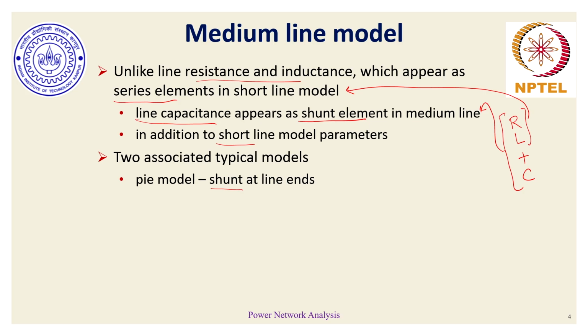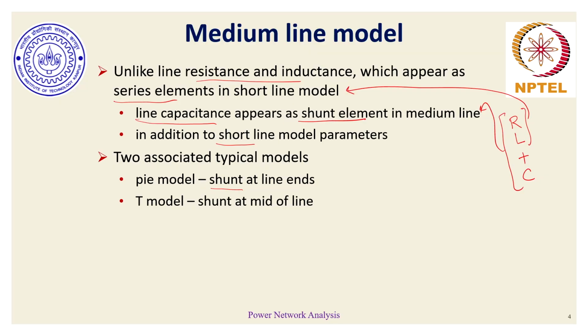The other model is the T model, where the entire line capacitance as a shunt appears at the midpoint of the line, whereas on either half of the line, half of the series impedance, which is the total resistance and the corresponding reactance due to inductance, appears half and half on either side of the shunt element, which is the line capacitance. So we will talk at length about these pi models and T models.